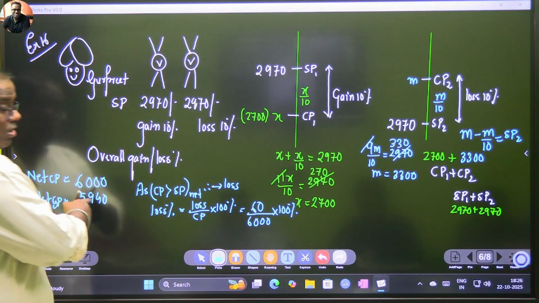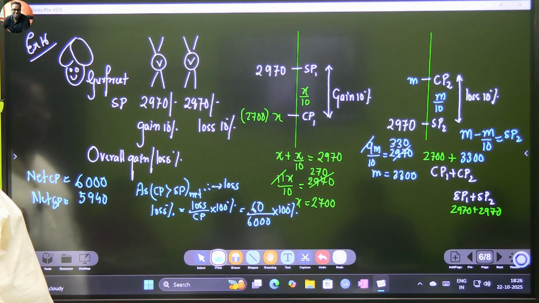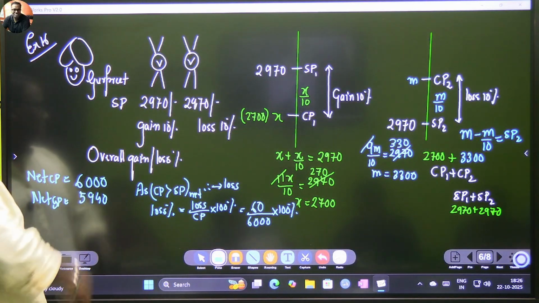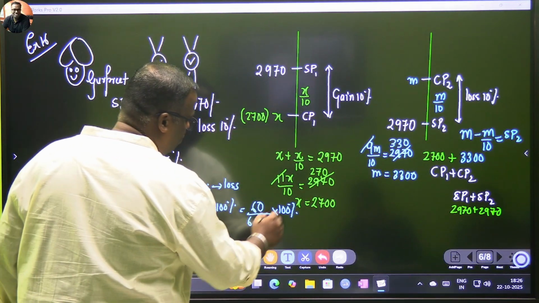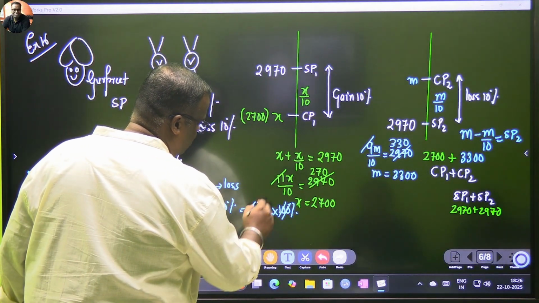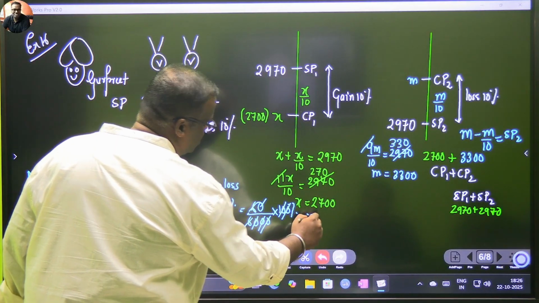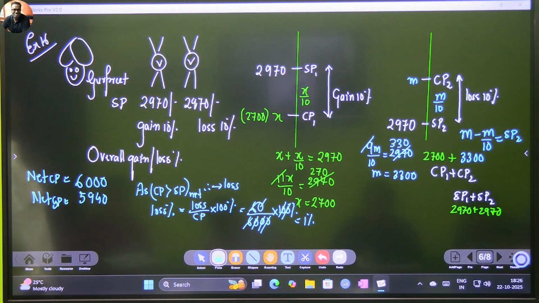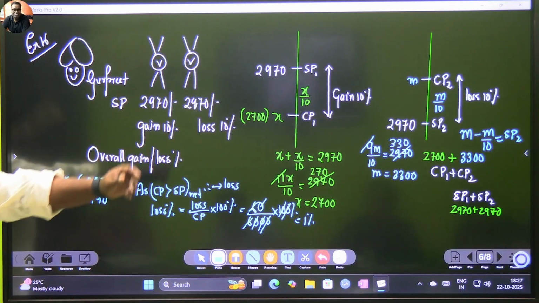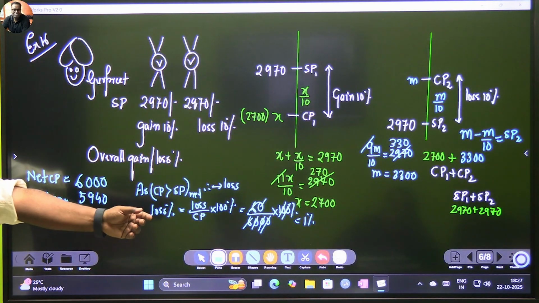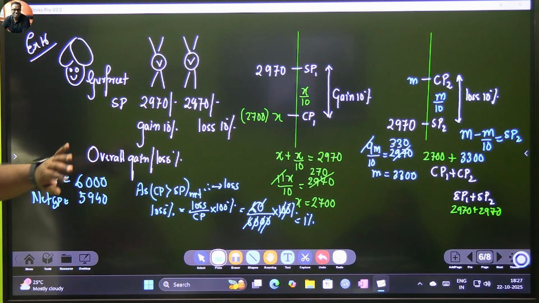The difference between 6000 and 5940 is 60. So 60 over 6000, zeros cancel, and 6 is gone. So it is a 1% loss. Interesting problem. This is how we break it down and solve.